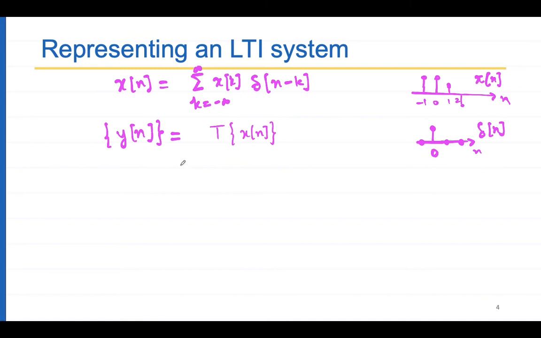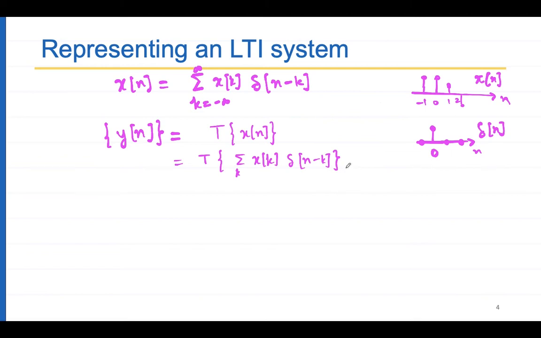Now I can substitute the value of xn from above, which becomes T of the summation over k, where k goes from minus infinity to plus infinity, I just leave it as k here to save time, x of k delta of n minus k, right?